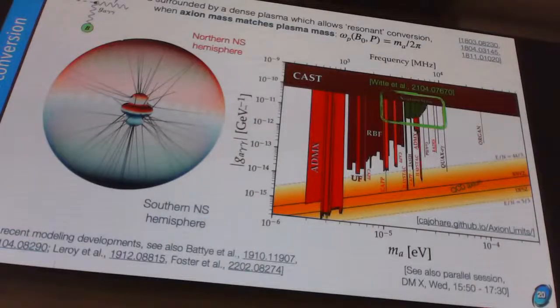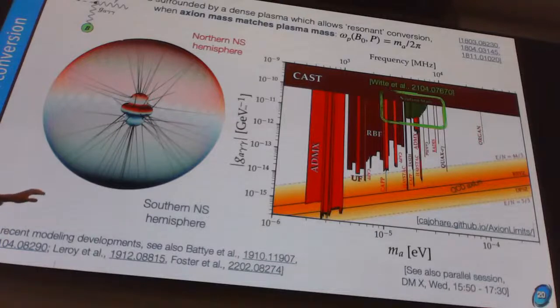So I think it's this paper here, 1912, that tries to deal with this issue. There's a Doppler shift that you get in the frequency during the rotation of the neutron star, and so in principle you could pick that up.